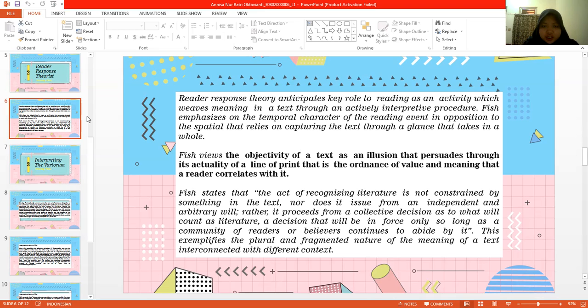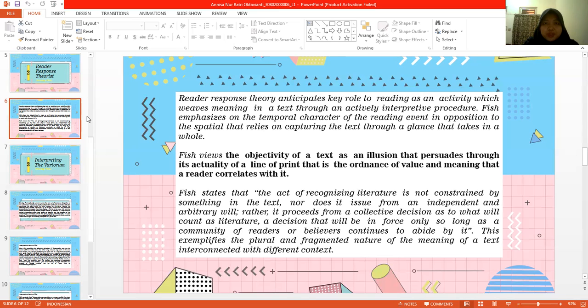Fish states, the act of recognizing literature is not constrained by something in the text, nor does it issue from an independent and arbitrary will.